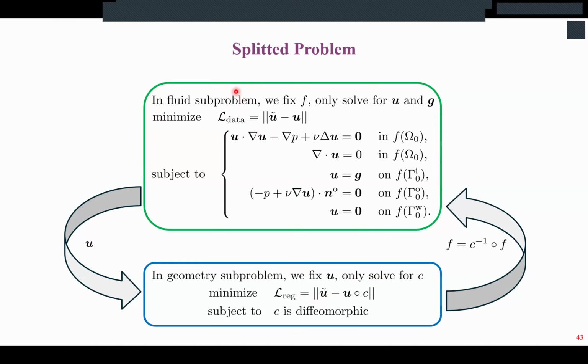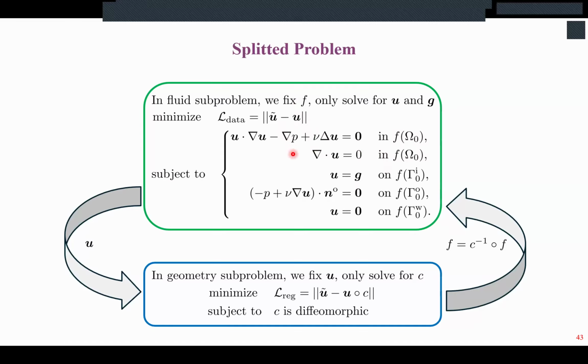It is split into the fluid subproblem and the geometry subproblem. The fluid subproblem is almost the same as the original problem, but the mapping F here is fixed. That is to say, we only optimize for the inlet boundary condition g, and also solve for the velocity u.